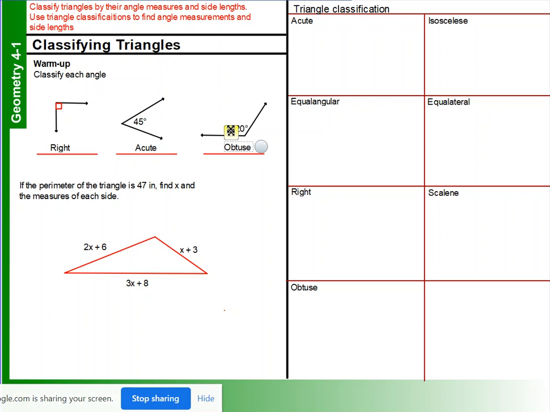All right, Avery, could you take us through how you did this problem right here? Okay. So first I took all of the numbers, not the variables, and I added them all together, which got me 17. Whoa, slow, you are going way too fast for me.